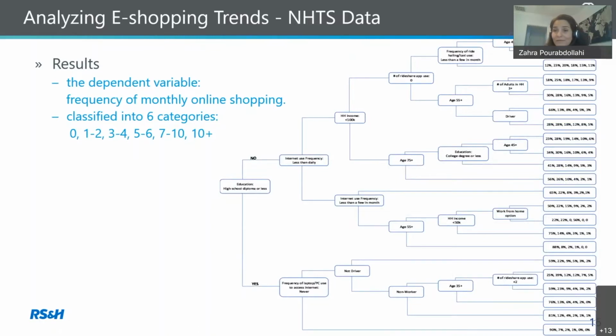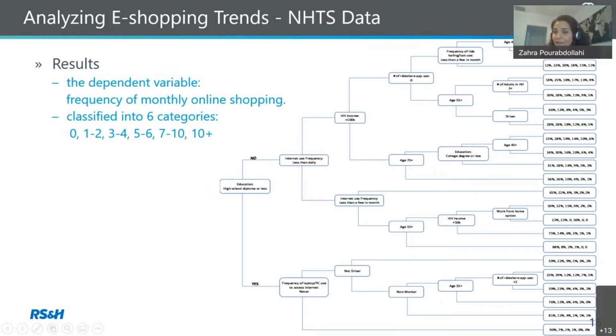The dependent variable, as I said before, was the frequency of monthly online shopping. It was classified into 6 groups: 0 frequency, 1 to 2, 3 to 4, 5 to 6, 7 to 10, and 10 plus.